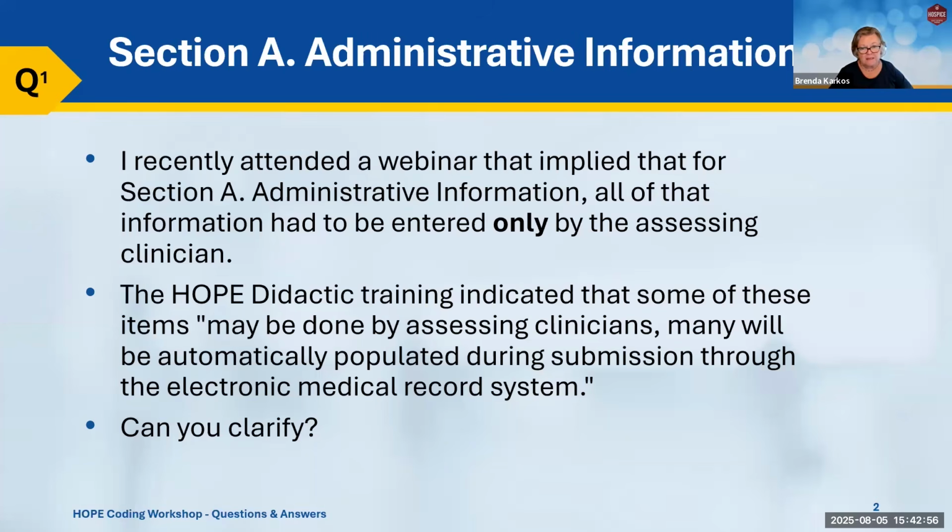It's also clearly stated in the HOPE guidance manual that responses to items in HOPE can be selected by the assessing clinician as part of their routine visits, or select items can be based on information documented in the clinical record and abstracted, such as the preference items that are abstracted to determine that first discussion on one of those topics on or before the completion date of Z0500B.